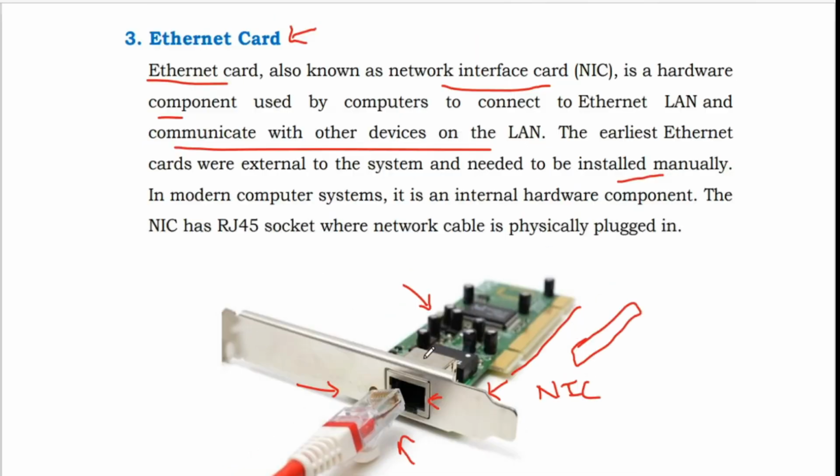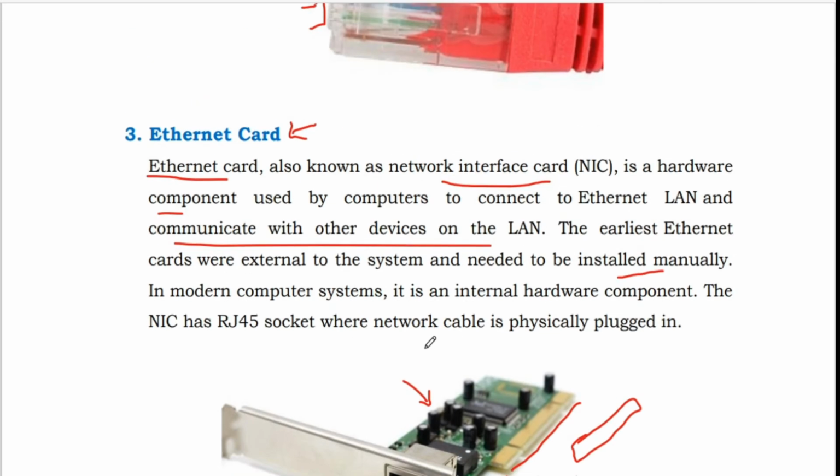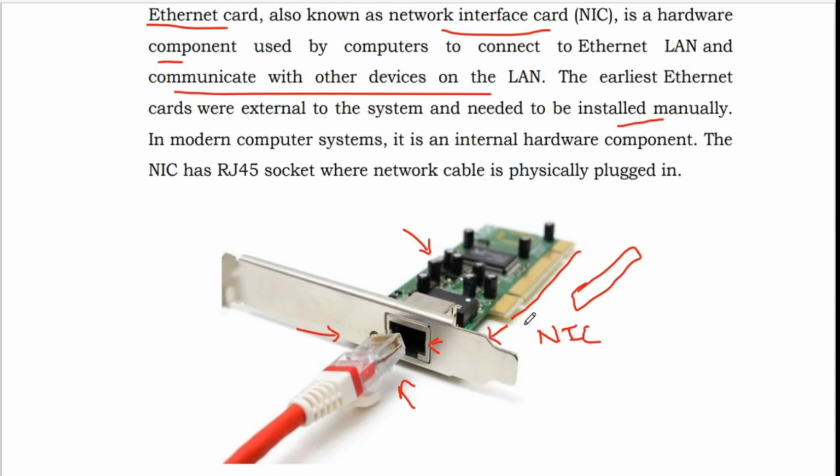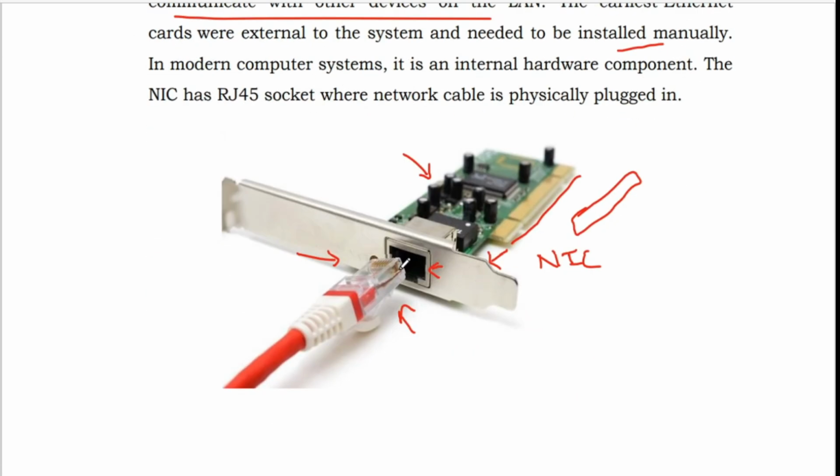So this is all about your Ethernet card, also known as your NIC card, which helps computers connect to each other, so all the devices over a network can communicate with each other. Each computer requires this, and on the back panel of your cabinet you can find it, or on laptops also.